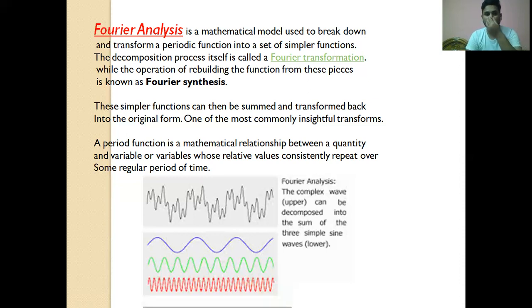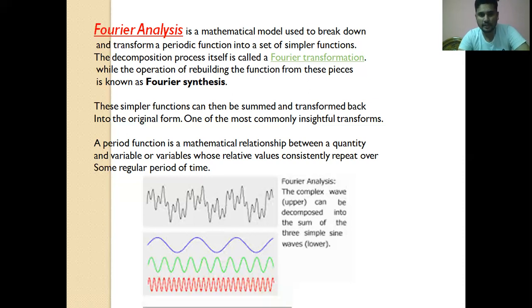These simpler functions can then be summed and transformed back into the original form. A periodic function is a mathematical relationship between a quantity and a variable or variables whose relative values constantly repeat over some regular period of time.